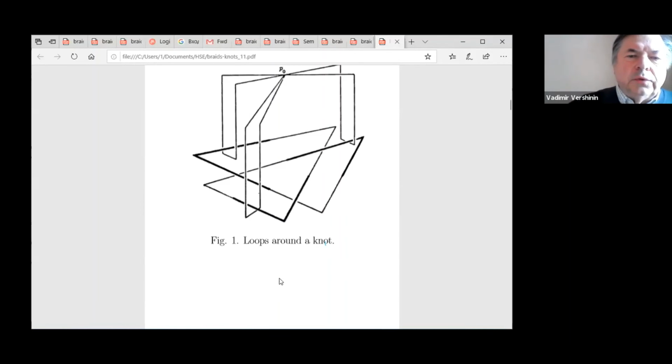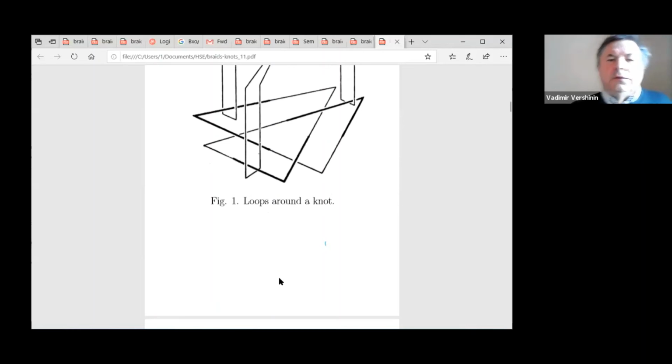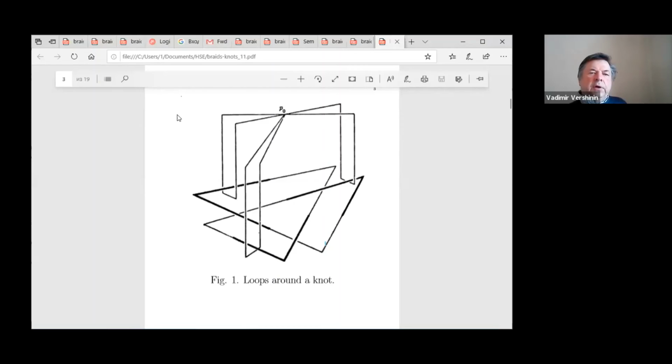So again we shall consider the division of our diagram. Suppose that everything is happening in R3, and the diagram is in the plane R2.